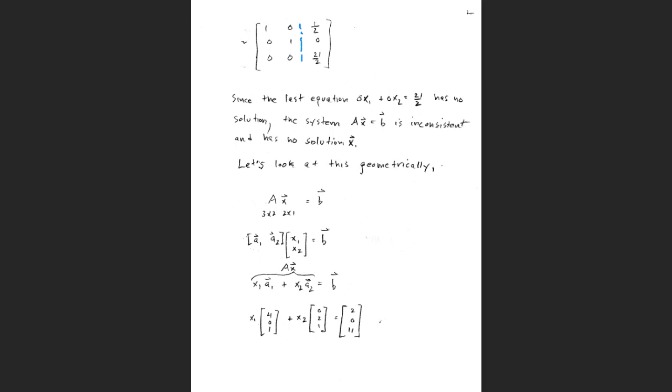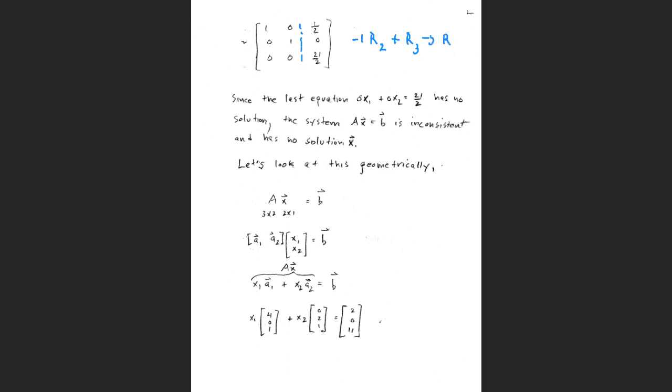Let me put in that last step there: -1 times row 2 plus row 3, and put the result in row 3.